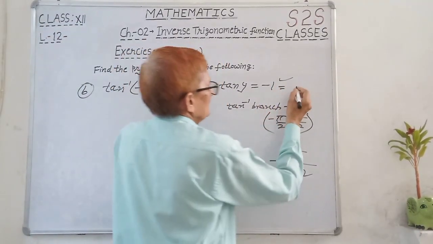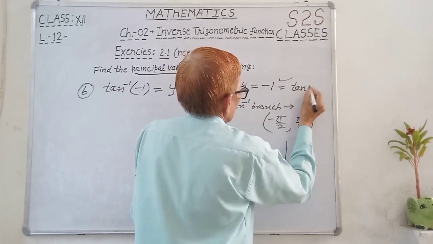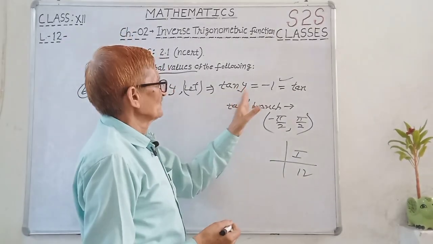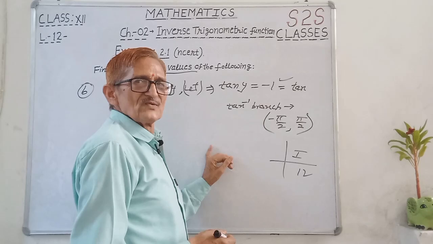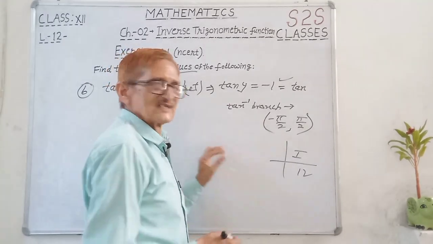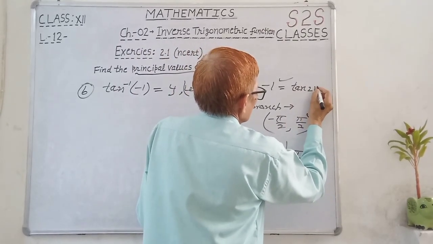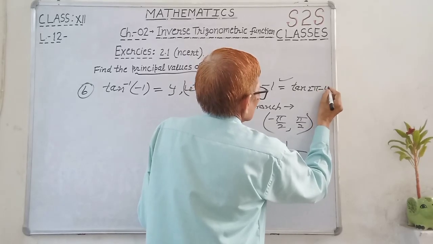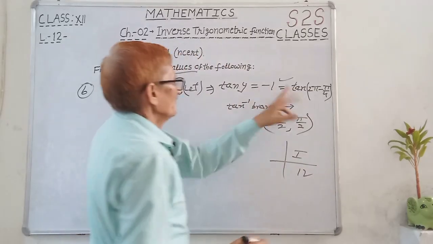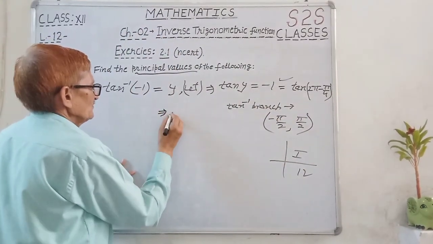Minus 1 in fourth: tan of theta for 1 is pi by 4, 45 degree, tan 45, tan pi by 4. So it will be in fourth, minus pi by 4. So tan of minus pi by 4, or we can write tan of 2 pi minus pi by 4, is minus 1.